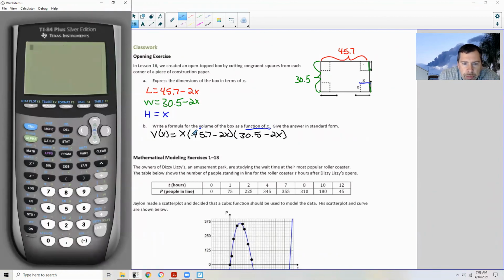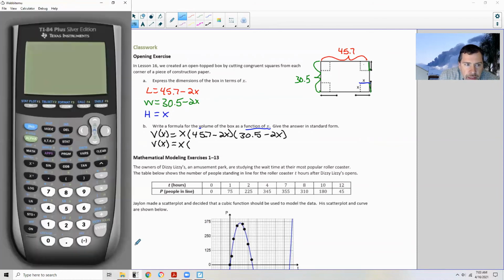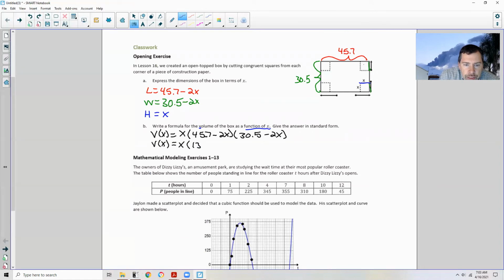Since there are decimals, I am going to use my calculator to help me out here. So remember, when we're multiplying this all out, I would do this first. I would write v of x equals x times, and I'd FOIL this. So it's going to be 45.7 times 30.5, the first terms. And that is going to give me 1393.85. Okay, plus outer, actually it's not going to be plus. Now we're going to do the outer from FOIL.